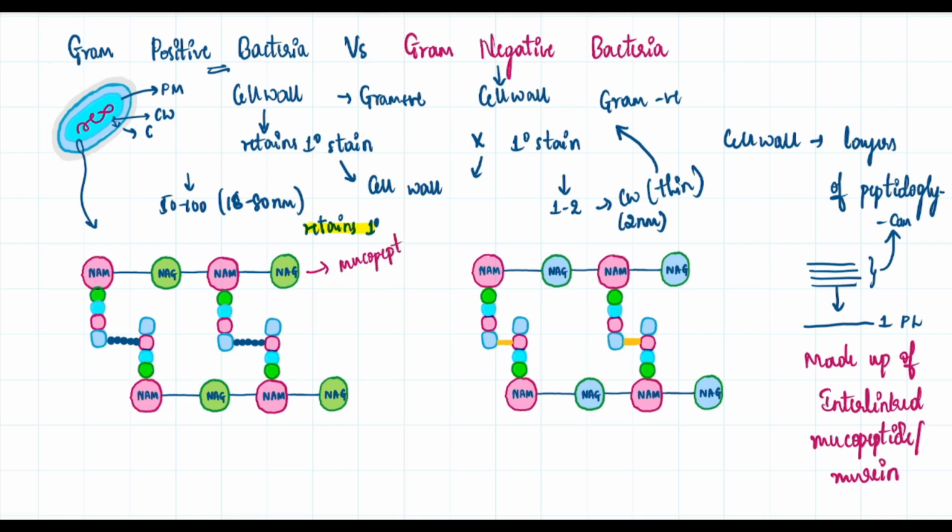For the simplicity's sake, I have written only 4 units. So what actually is the mucopeptide? Mucopeptide is made up of alternating units of N-acetyl muramic acid and N-acetyl glucosamine.